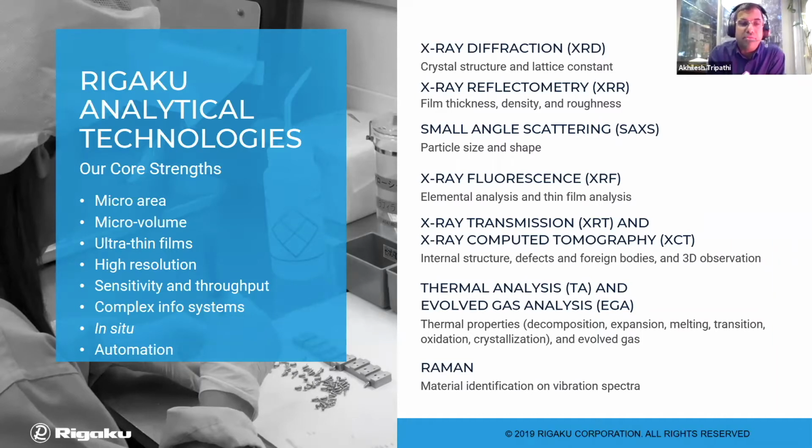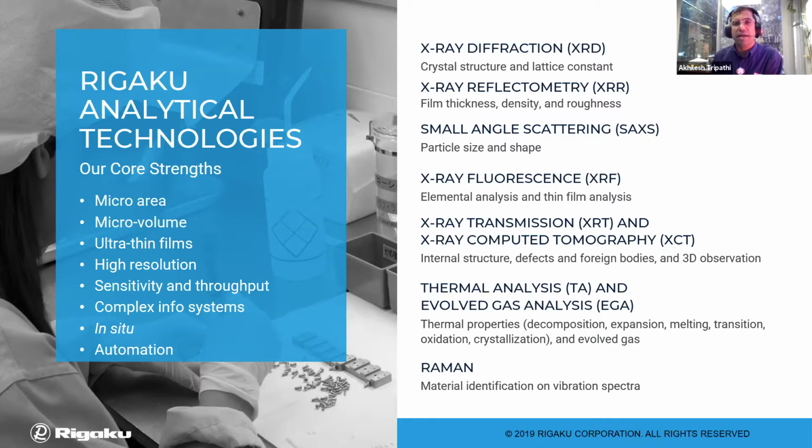Rigaku provides full services and instrumentation for anything related to X-ray, if I could put it that way. Our core strengths are micro area, micro volume, ultra thin films, high resolution, sensitivity and throughput, complex information systems, in situ, and automation. These are reflected in the instruments we provide for X-ray diffraction, XRD, which is the focus of my talk today, where I will focus on crystal structure and lattice constant.